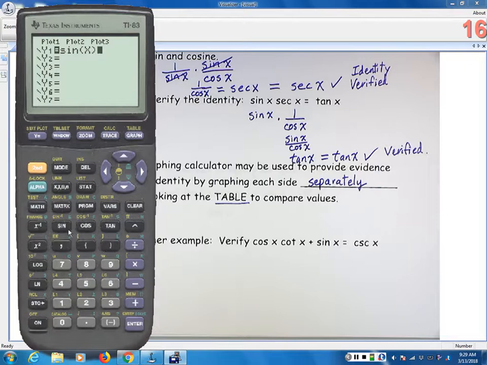Secant, you have to write 1 divided by cosine. Our calculators don't have secant.